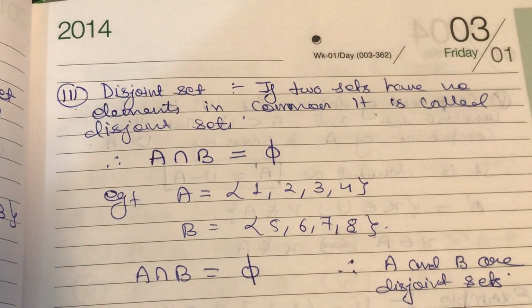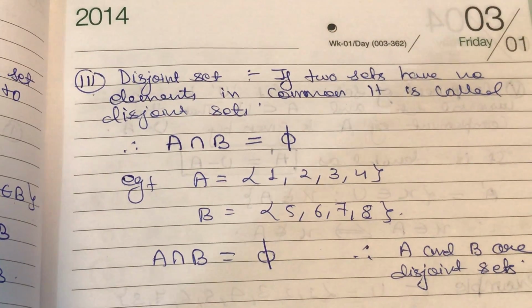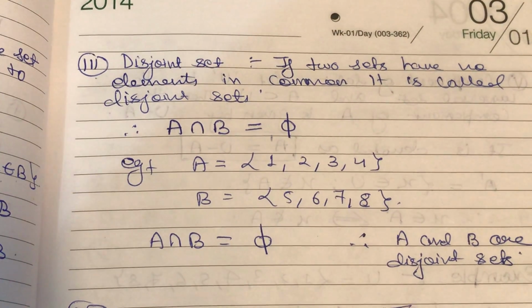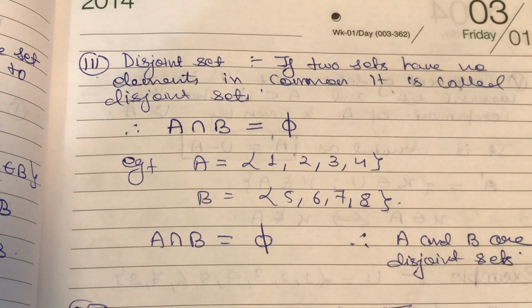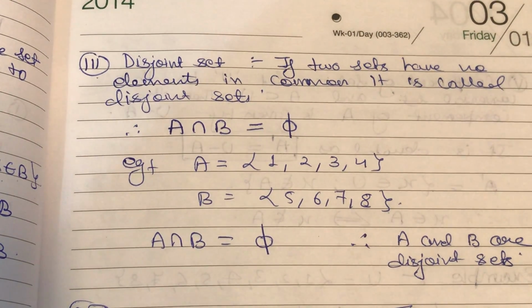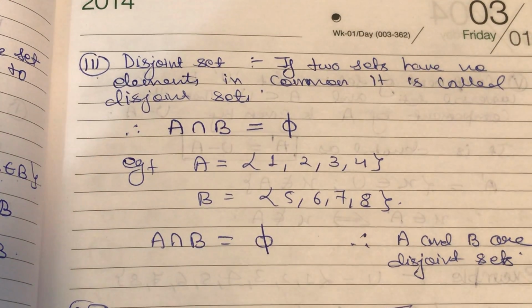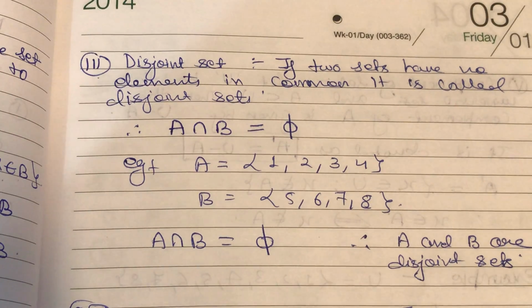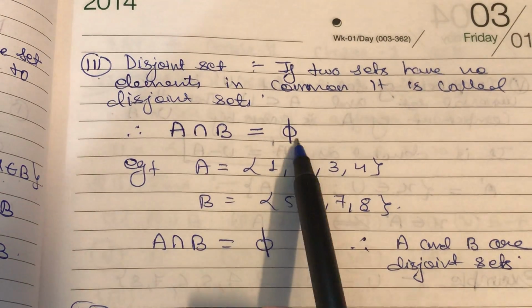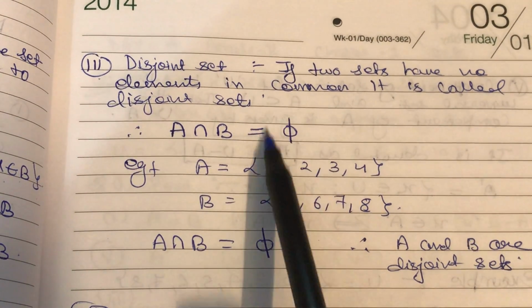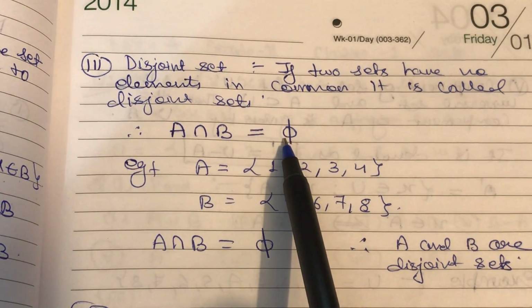Let's talk about the next, which is disjoint set. Disjoint set means if two sets have no elements in common, then it is called a disjoint set. No elements in common means we have to find the intersection of the given sets. I told you about this symbol in my first video.